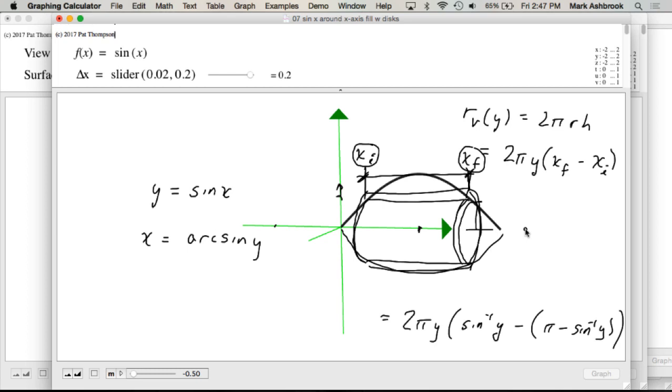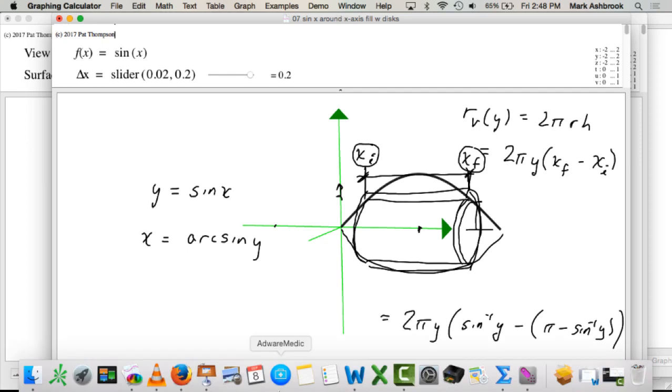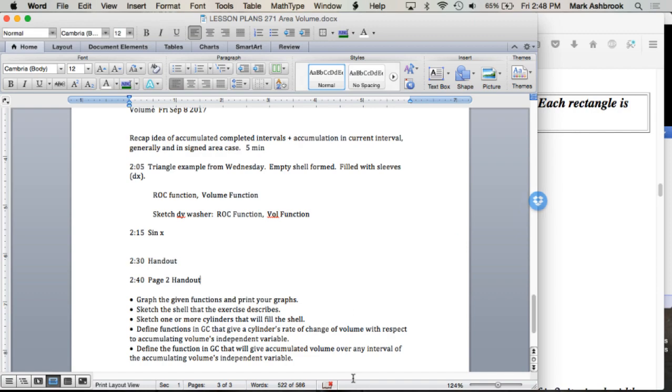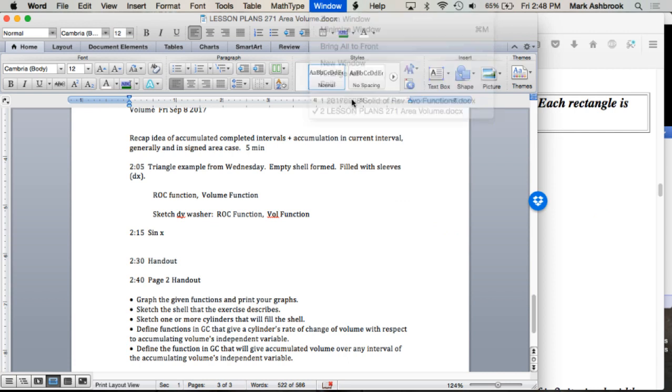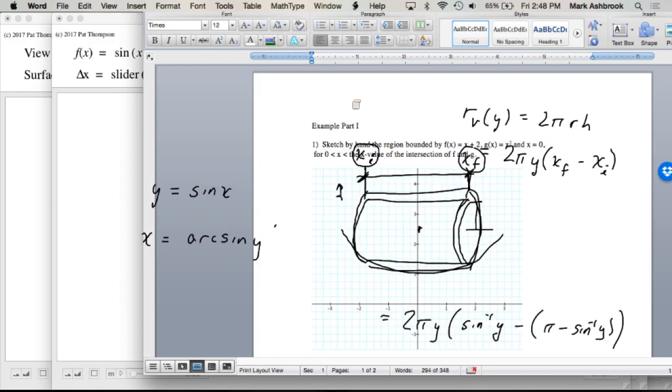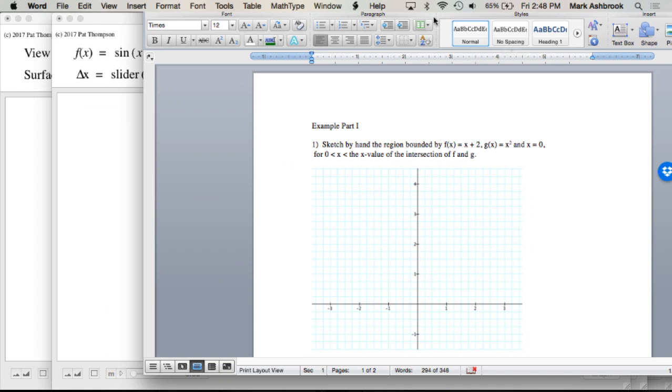So now our 20-minute activity here, we're down to 3 minutes. So let's just get a little bit started on example part 1. Maybe for time's sake, I'll draw the sketch.